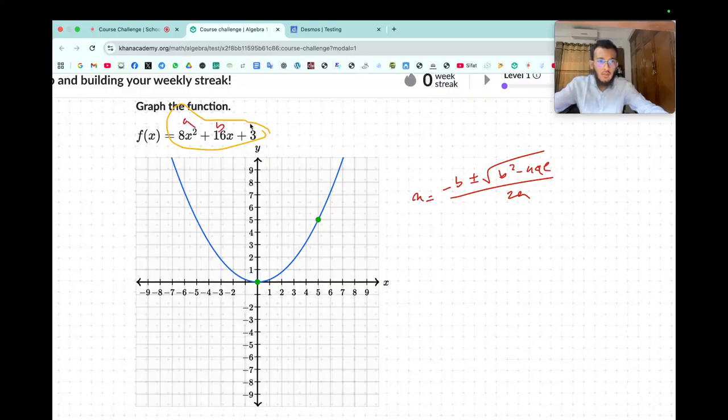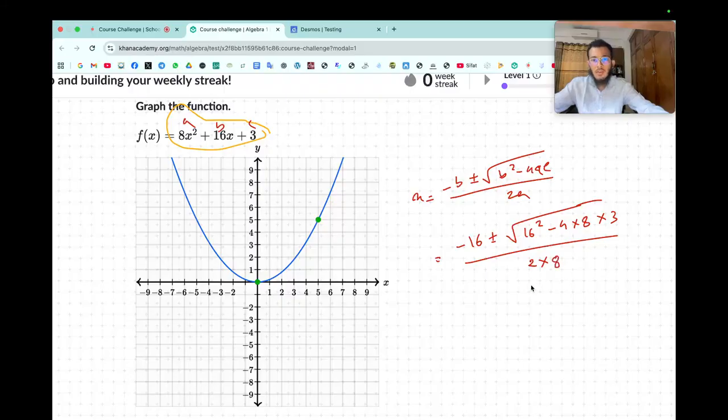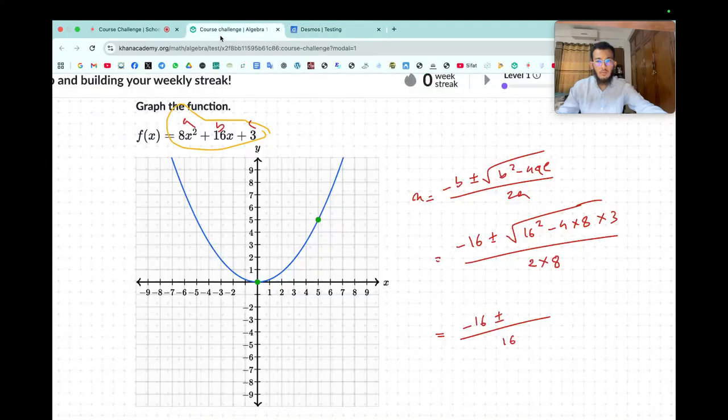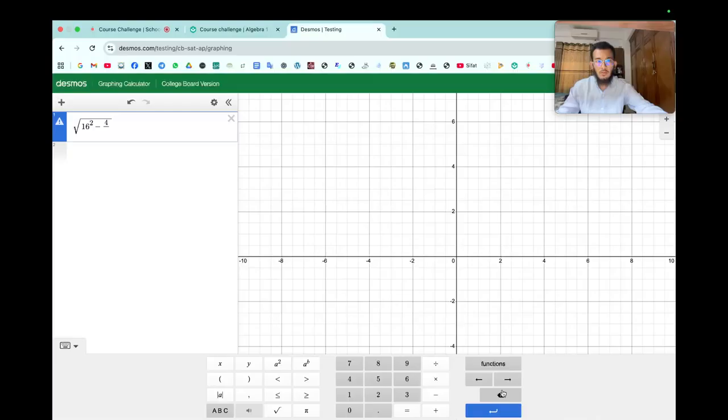And we know a, b, c, so negative 16 plus minus root over 16 square minus 4 times 8 times 3, upon 2 times 8.